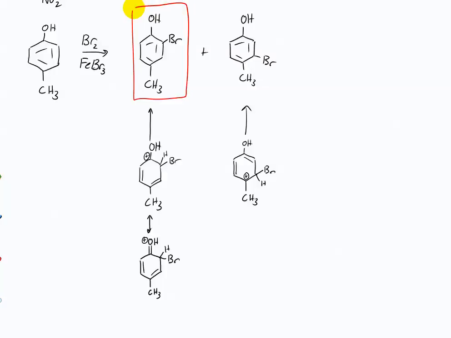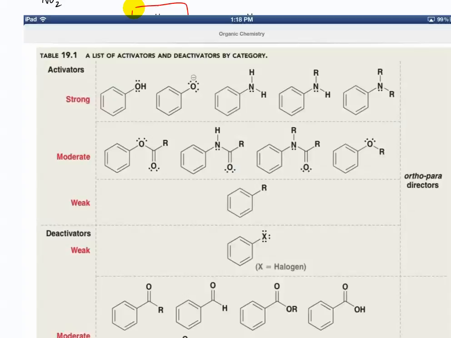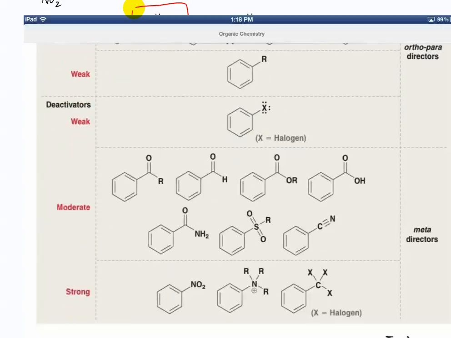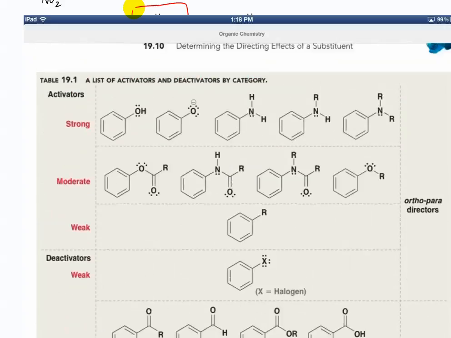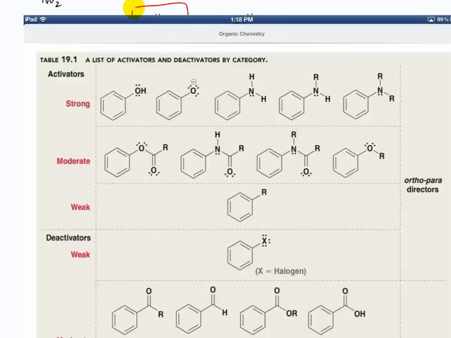And in general, let's go back to our chart from before. If we look at this chart from the book of the strong, moderate, and weak activators, and the strong, moderate, and weak deactivators, a strong one is always going to direct more strongly than a weaker one.